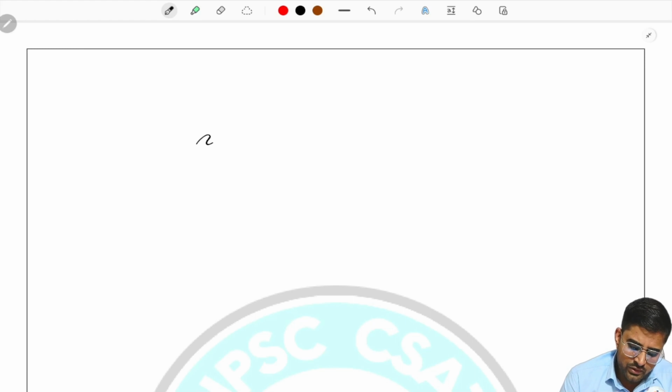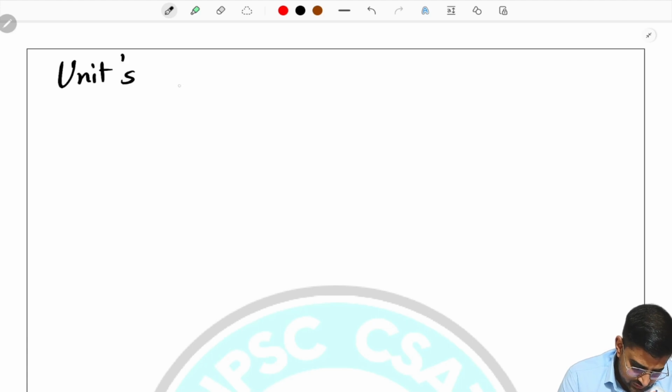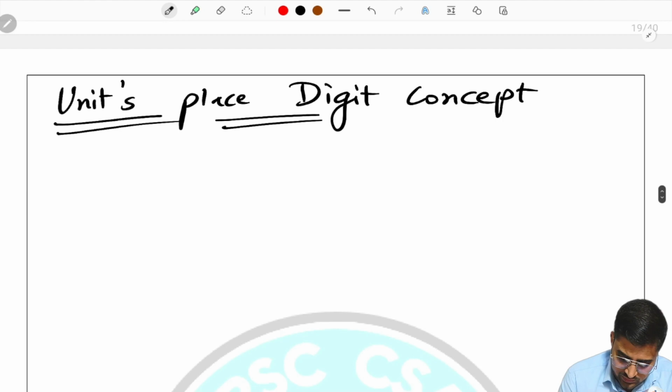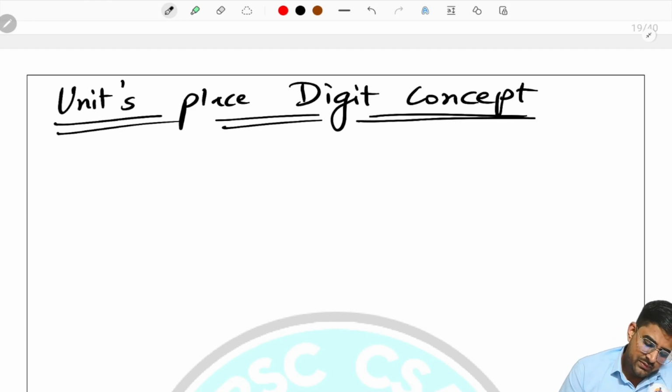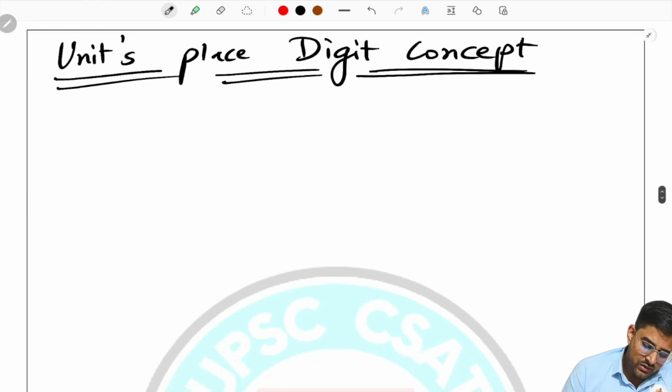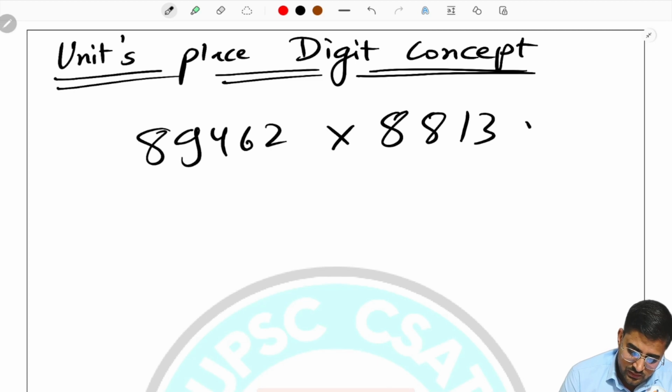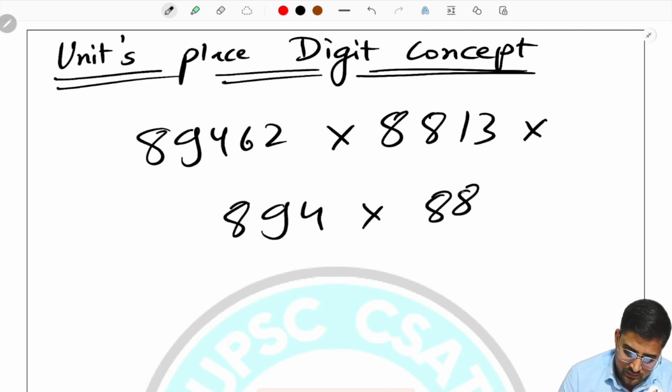Let us start. I am giving a title here: units place digit concept. Then in property format we will talk. Basically, in this concept, there is a number, any number, like 8946 multiplied by 8813 multiplied by 948 multiplied by 88.